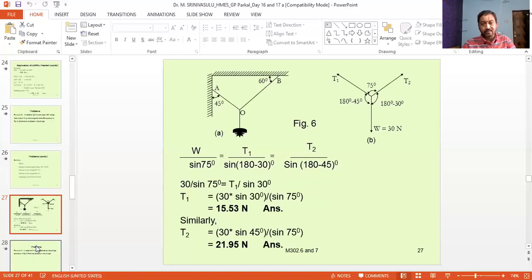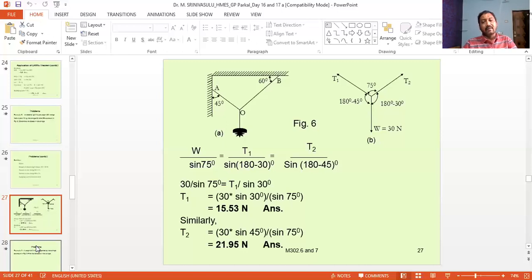Similarly, the angle made by the force OB with the vertical is equal to 30 degrees. Therefore, the angle between OB and W will become 180 minus 30.